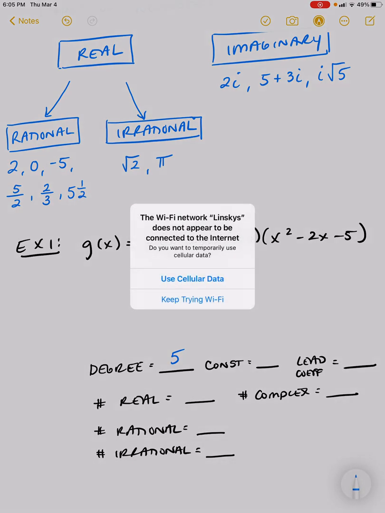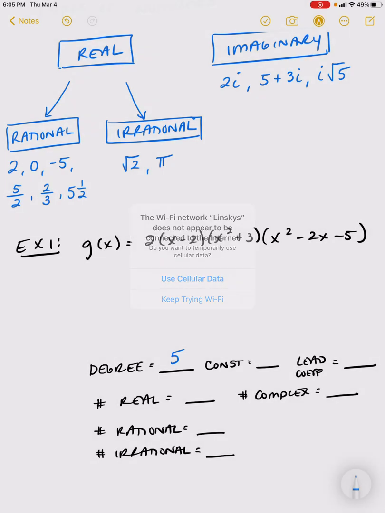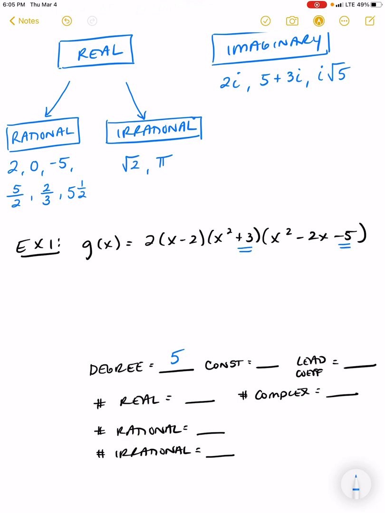The constant term is the result of taking this constant -5 times this constant 3 times this constant -2, and all of that multiplied by the a value out in front. So the constant is 2 times -2 times 3 times -5. The constant ends up being 60.